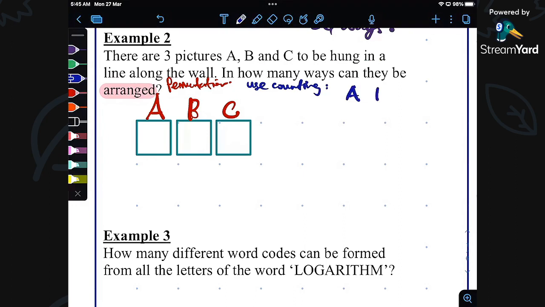The first arrangement is A, B, C. The second arrangement, I can also arrange A, but C, B now.